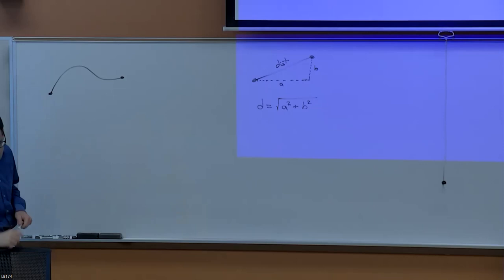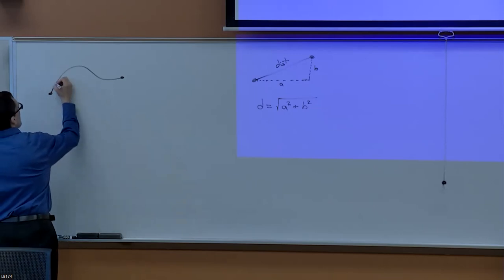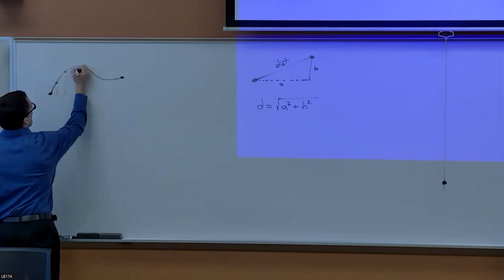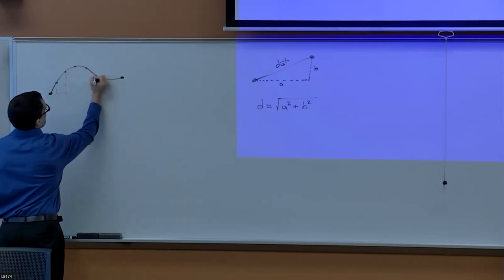So what would I do if I had a smooth curve that's obviously not straight? Well, I'm going to approximate distances by points on the straight line.